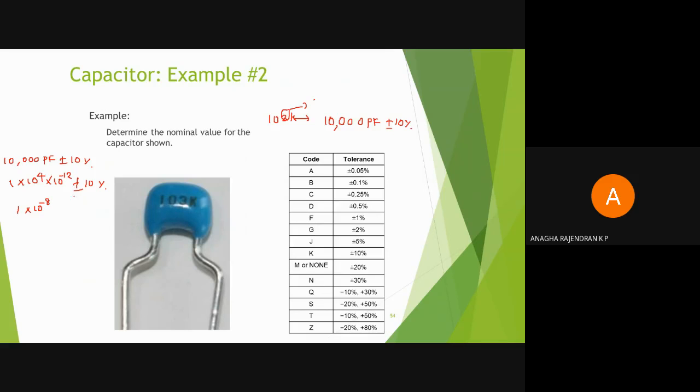That much farad plus or minus 10%. This is in farad. Then 1 into 10 raised to minus 8 can be replaced by 0.01 into 10 raised to minus 6. That much farad plus or minus 10%. So this is 0.01 microfarad plus or minus 10%.